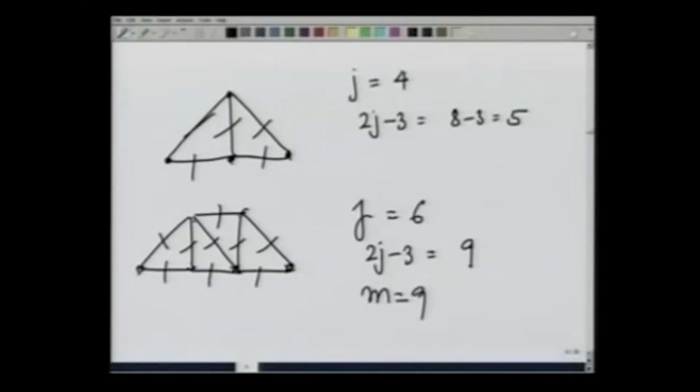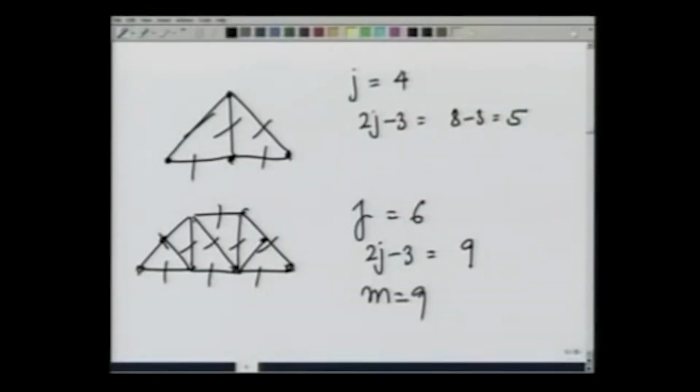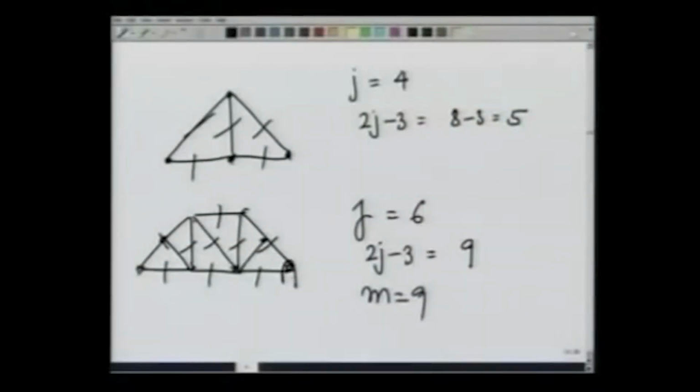If I add more rods here, maybe like this, maybe like this, although I am increasing the number of joints, at some point it may become a system which is statically indeterminate. On the other hand, if I have fewer members than 9, then it will be a structure which may collapse. It will not transfer forces in an easy or consistent manner to the sides.